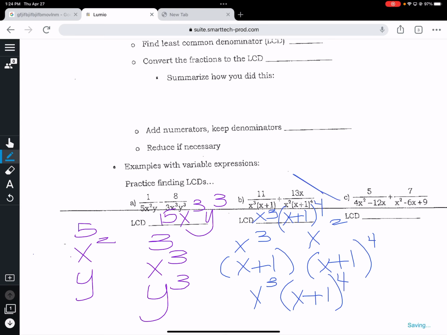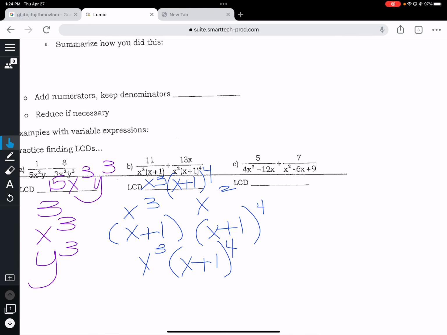Whoops, let me erase. Y'all, please, just take this into account. First denominator. What do they share? We've got to factor it out.